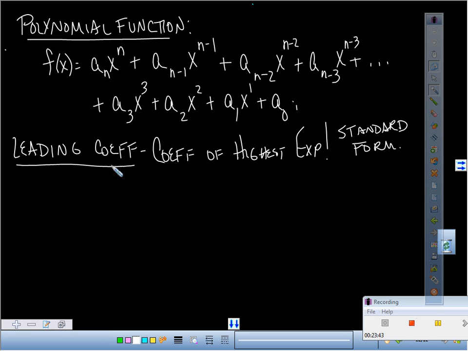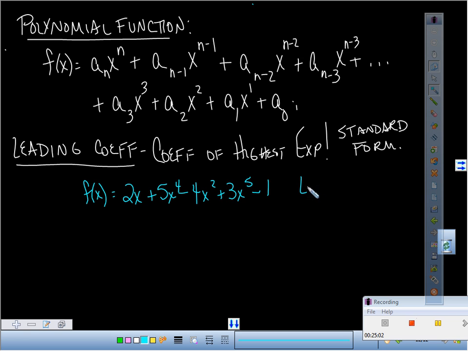All right? Now, do you think they're going to make this tricky for you? Yeah. Watch this. 2x plus 5x to the 4th minus 4x squared plus 3x to the 5th minus 1. This is my polynomial. Okay? Can you tell me what the leading coefficient is? 3.